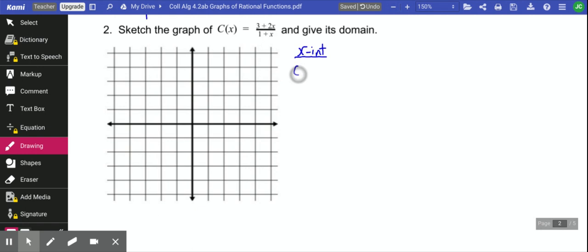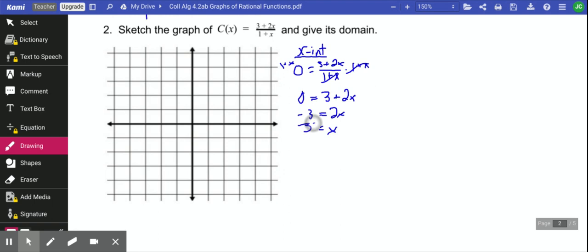We find the x-intercept by plugging 0 in for y. Now to solve this, I'm going to multiply both sides by 1 plus x so that those cancel. We just get 0 equals 3 plus 2x. So x equals -3/2.